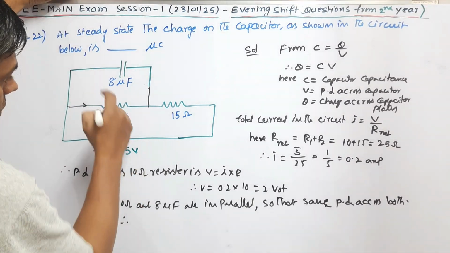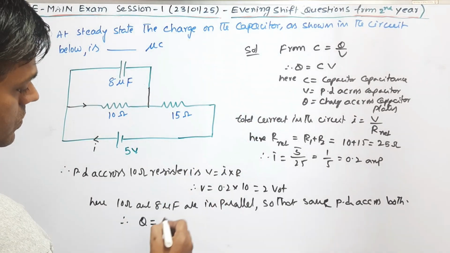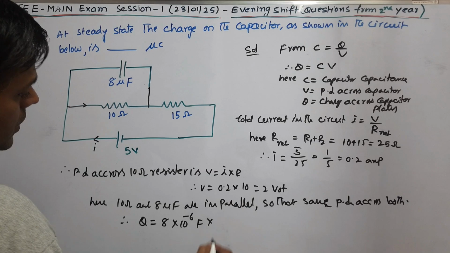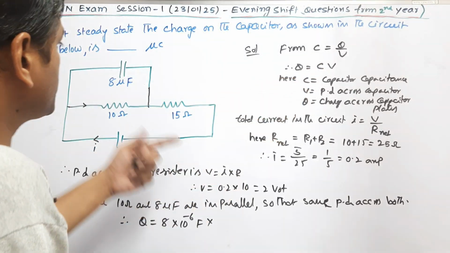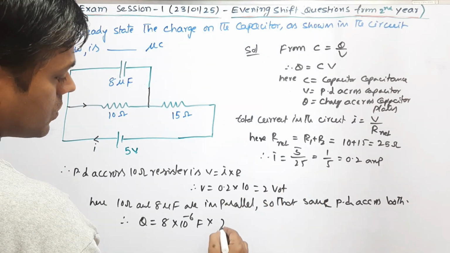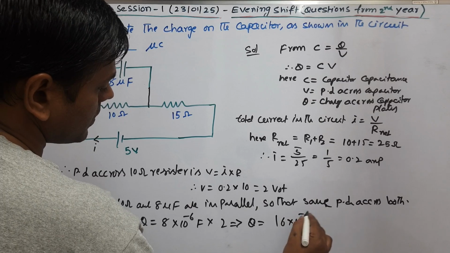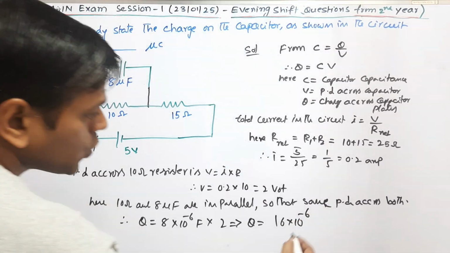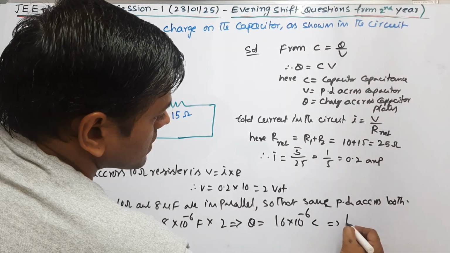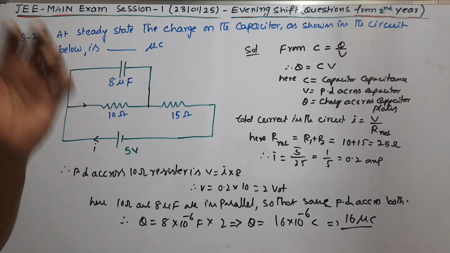Therefore, the required charge on the capacitor plate at steady state, Q, is equal to 8 into 10 power minus 6 farad into V, the potential drop across the 10 ohm, which is 2 volt. That implies Q is equal to 16 into 10 power minus 6 coulomb, which is 16 microcoulomb. So this is the answer for this question.